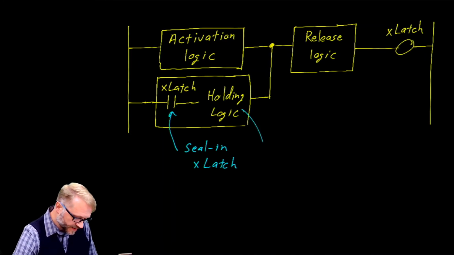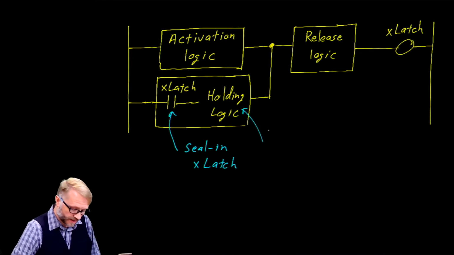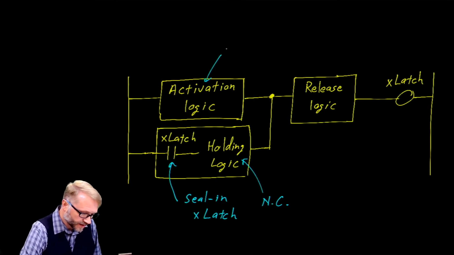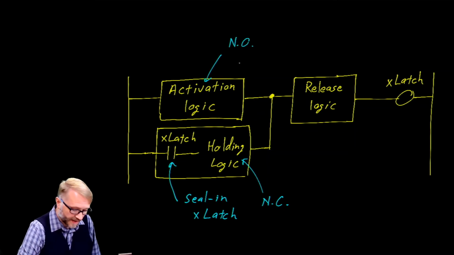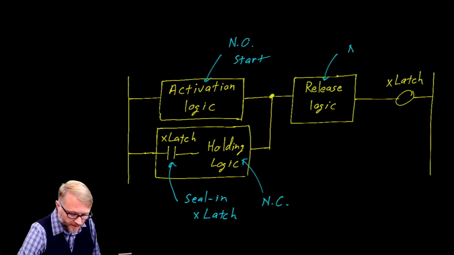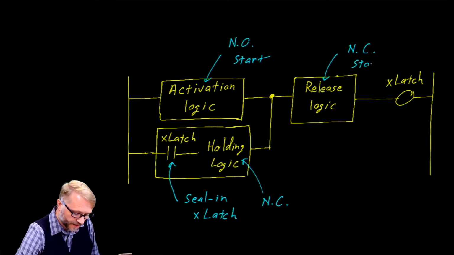By the way, I should mention that this circuit in here would be normally closed logic. Our activation circuit would be normally open. An example of that was the start button. And in here, this would be normally closed, for example, the stop button.